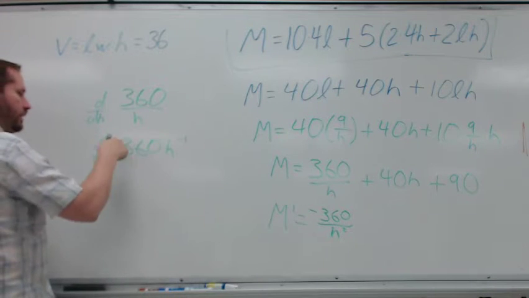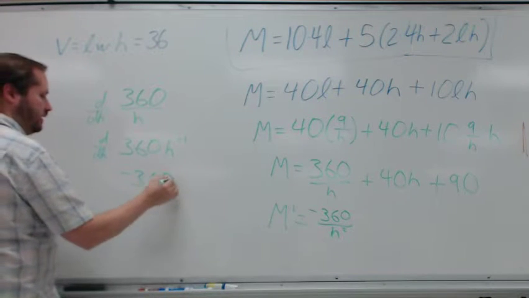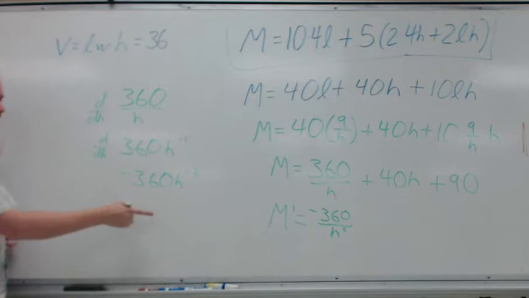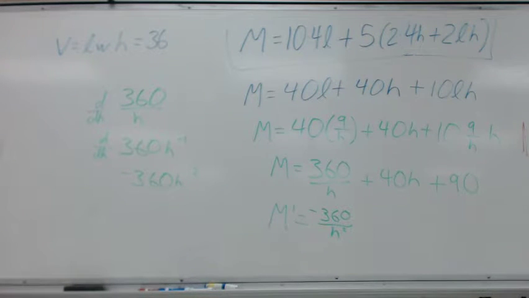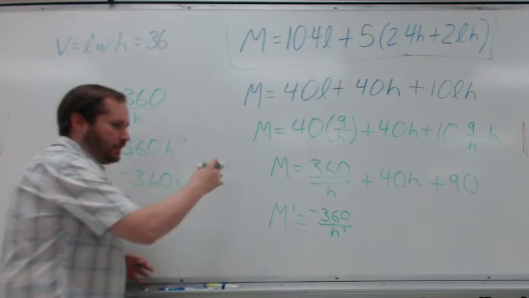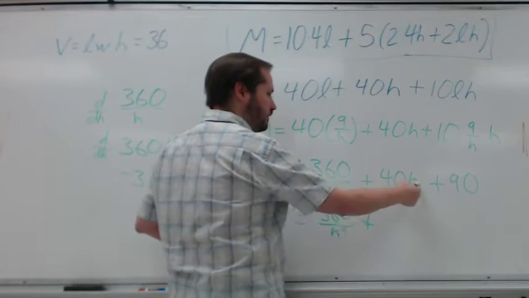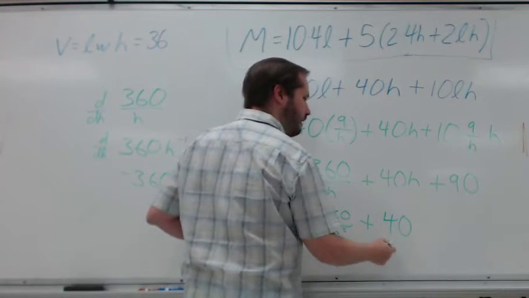Then the negative comes down, we get negative 360 H to the negative second, or negative 360 over H squared.